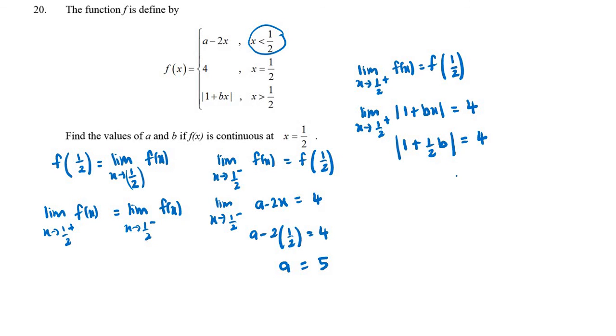So now, when we want to remove this absolute value, we can use the definition, which is squaring both sides.